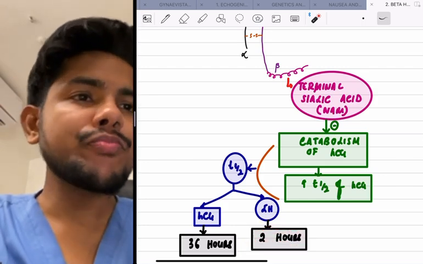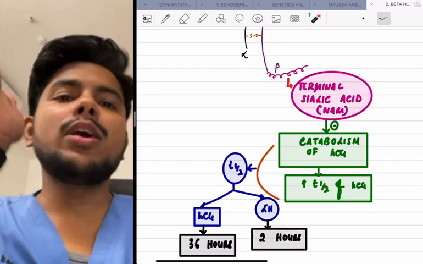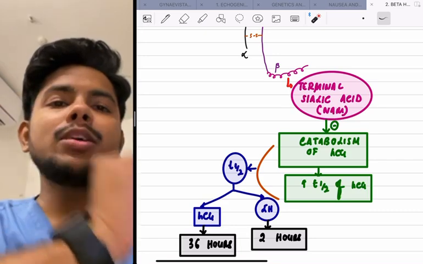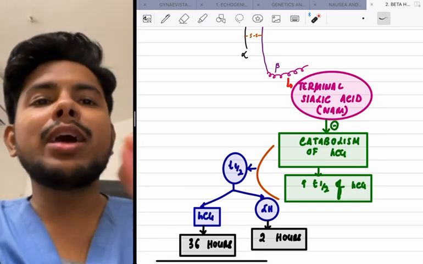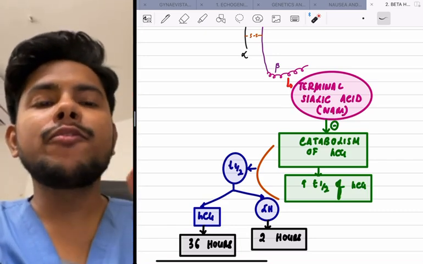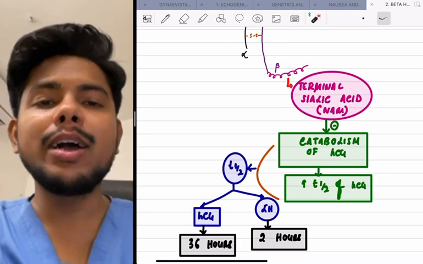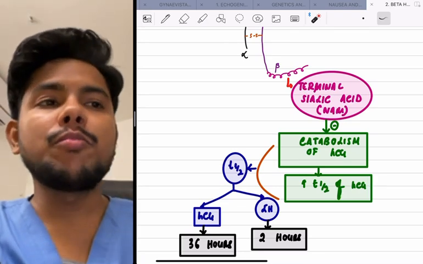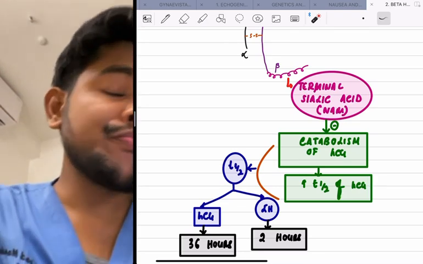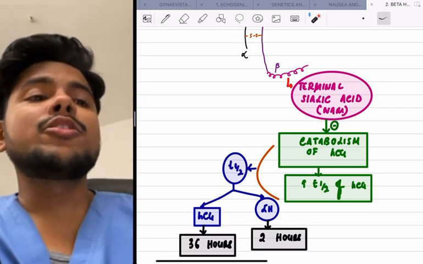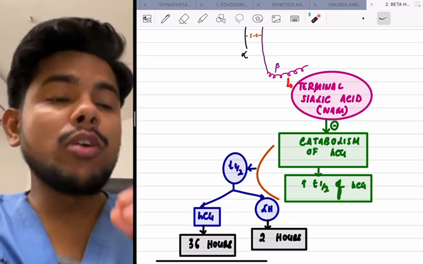Am I clear? So alpha and beta subunit are linked with each other by non-covalent bonds. Beta subunit has got a peculiar feature. They are having a special component, which is the terminal sialic acid component.